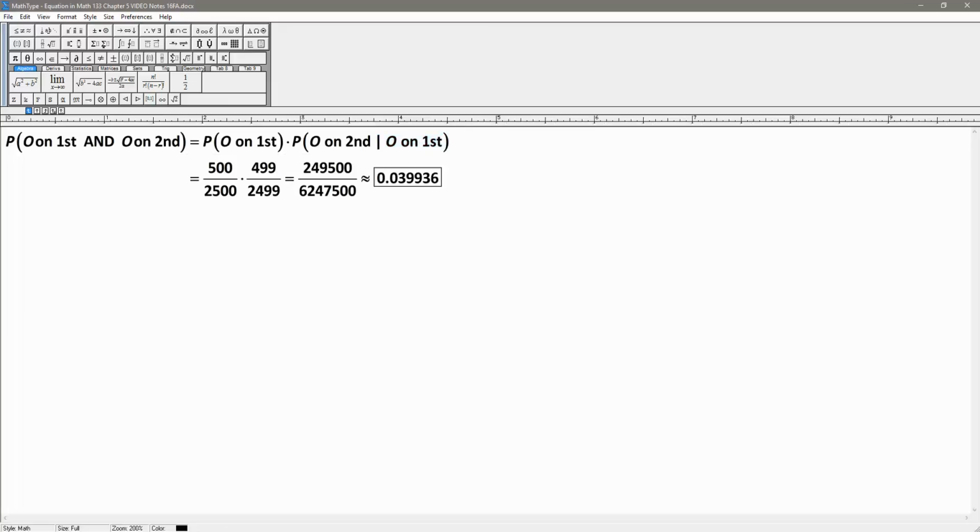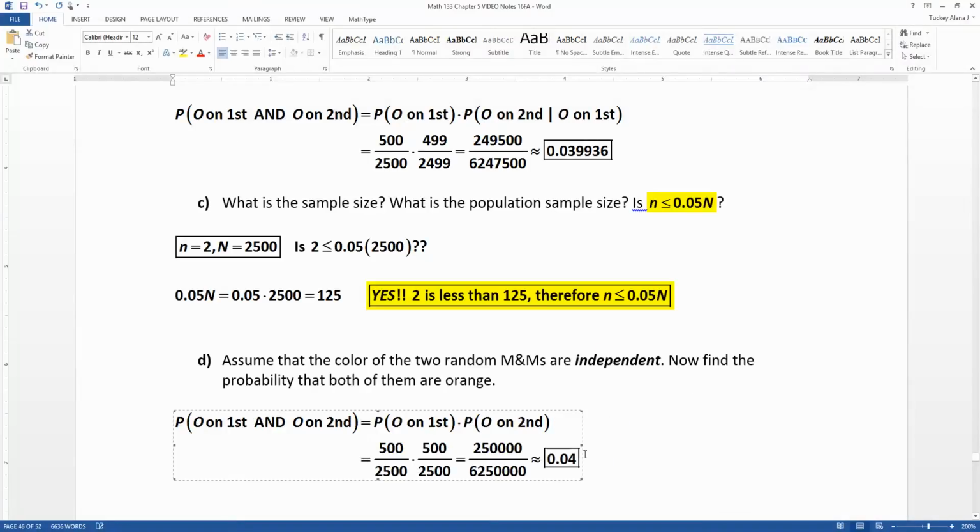In other words, I'm going to treat it as if there are 2,500 M&Ms in the bin both times, even though there's not. Technically, there's really 2,499, but I'm going to treat them as if they are. Well, how does this change the answer? The numerator is 2,500, the denominator is 6,250,000, and the decimal becomes 0.04 when you work it out with a calculator.